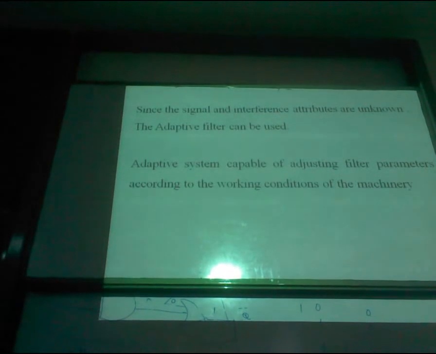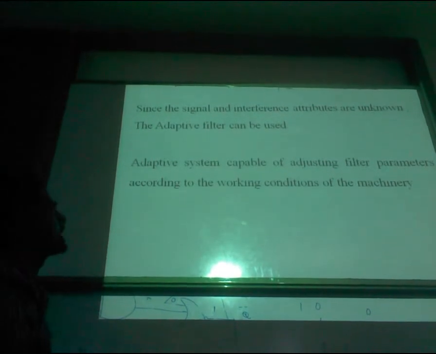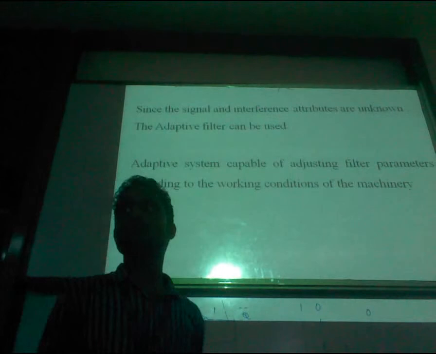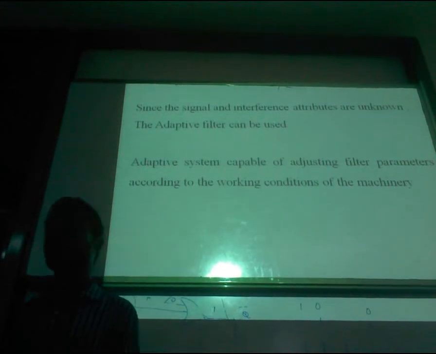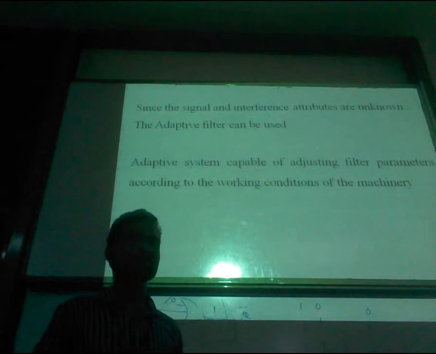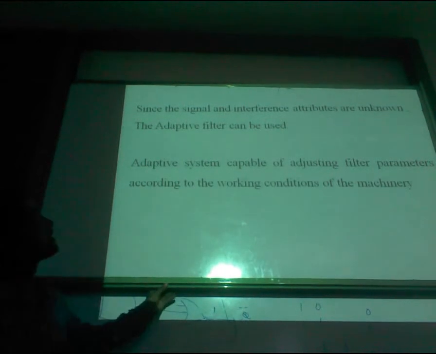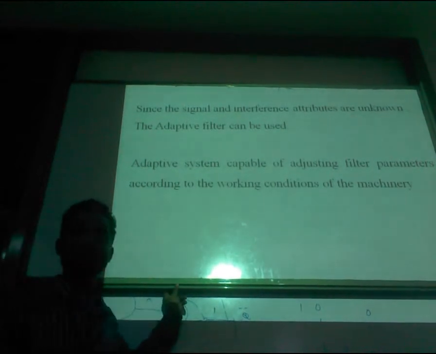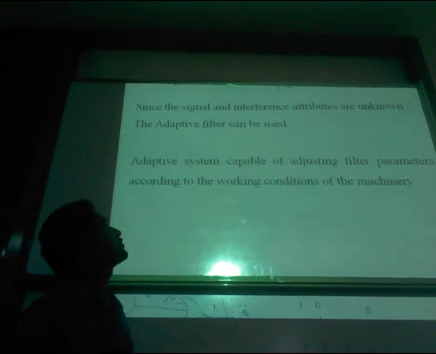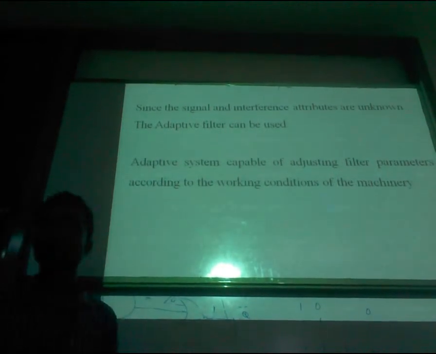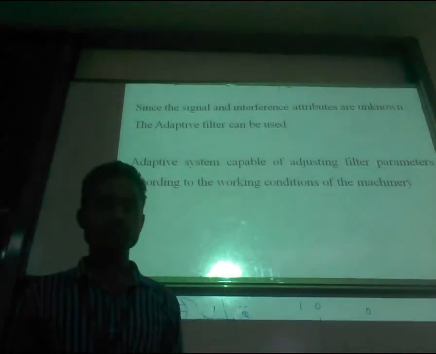Since the signal and interference attributes are unknown, we can use the adaptive filter, because a simple fixed filter can't work here. Only if we have prior data can we go for the fixed filter. But in this condition, we don't have prior data of the vibration, so we are going for the adaptive filter, because it can adjust dynamically.